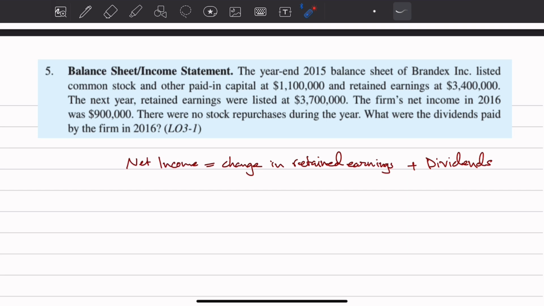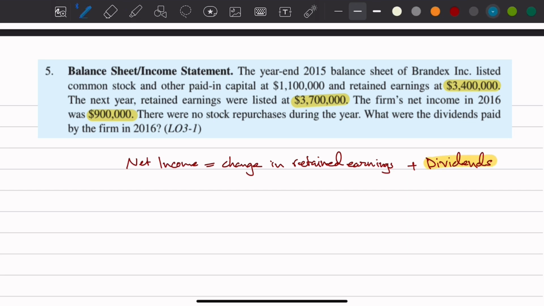Now, what do we know? We know that net income is $900,000. And we know that retained earnings was, in the previous year, $3,400,000, and then it increased to $3,700,000. And we want to find the dividends, right?